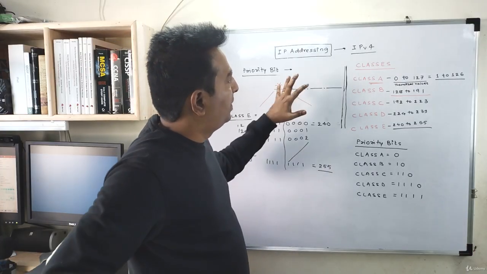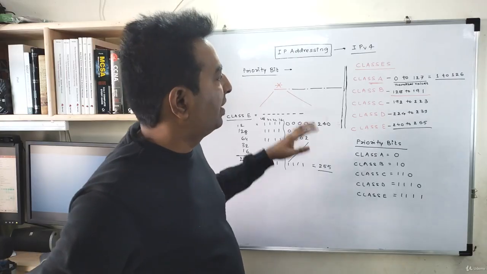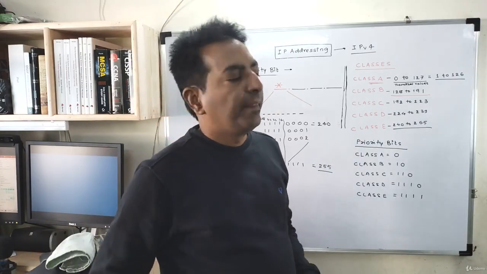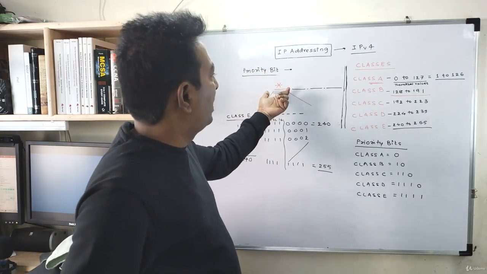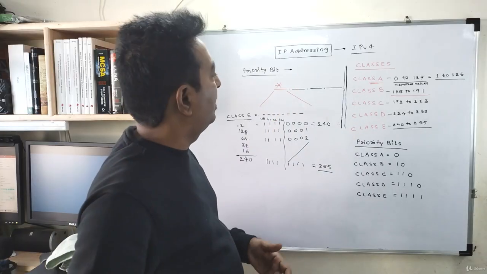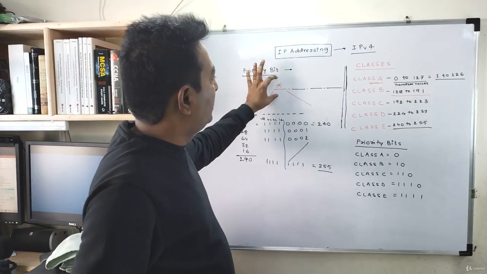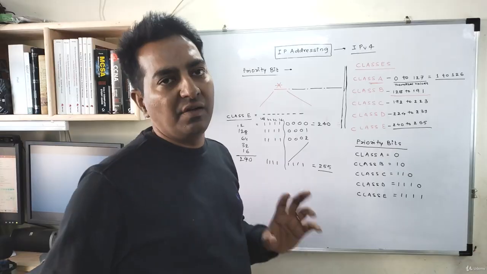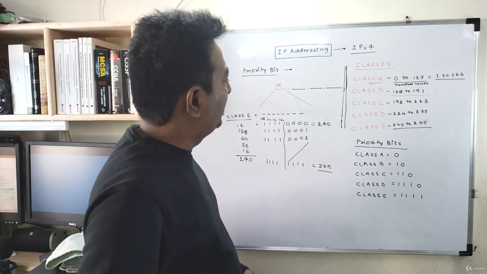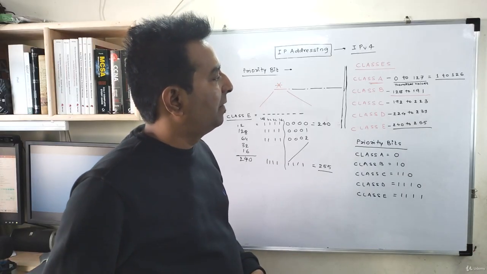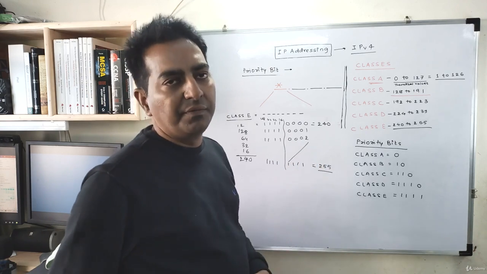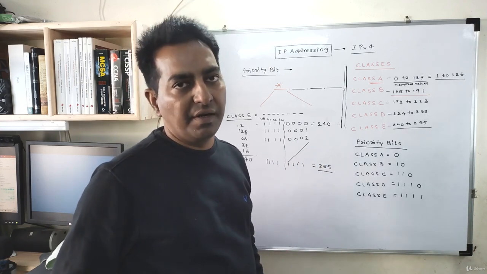So friends, I hope you understood how these ranges are calculated and what is the significance of the first field in the IP address and how you can identify the class of an IP address. So with this, we have understood some of the basics of IP addressing.